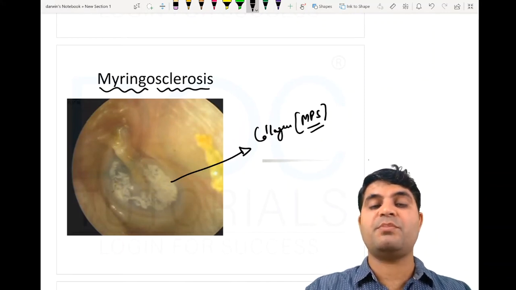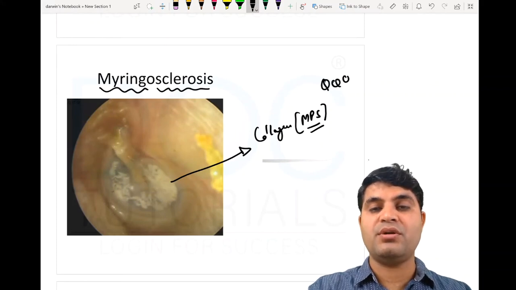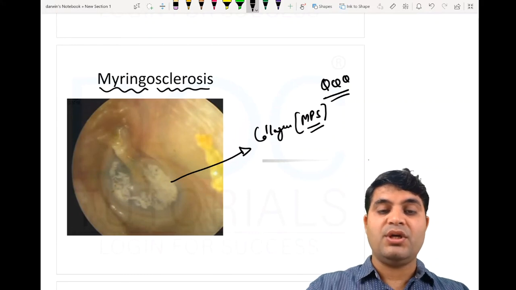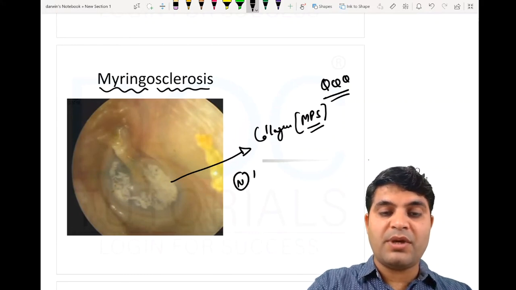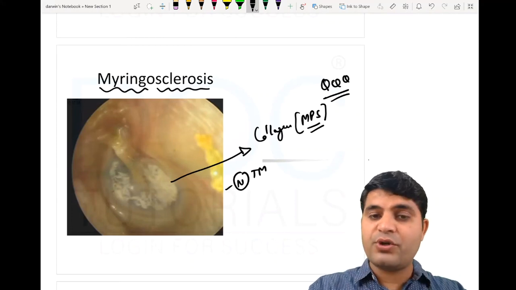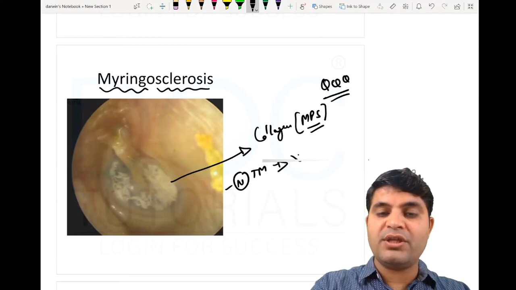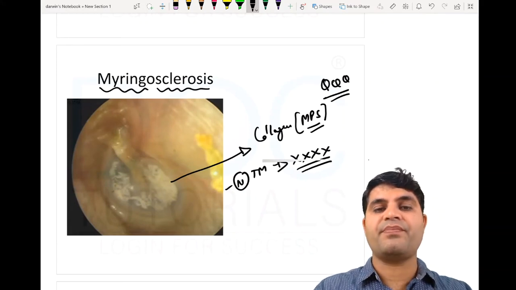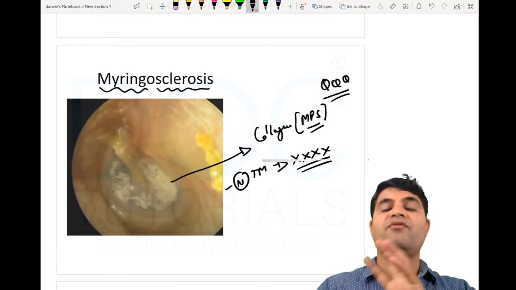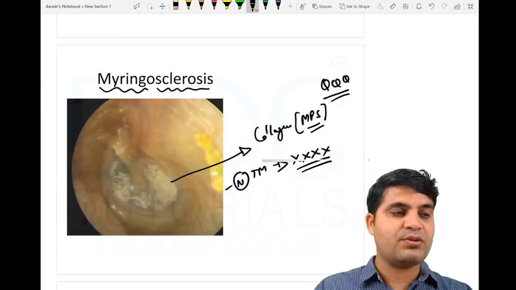So this is a deposition, that is collagen deposition or mucopolysaccharide deposition. If you have a normal tympanic membrane, meaning just tympanosclerosis is there, no perforation is there, don't do anything, no intervention is needed. Clear? So this is important. Normal tympanic membrane, don't do anything. But yes, if you have a hole, then you repair. So that is important.